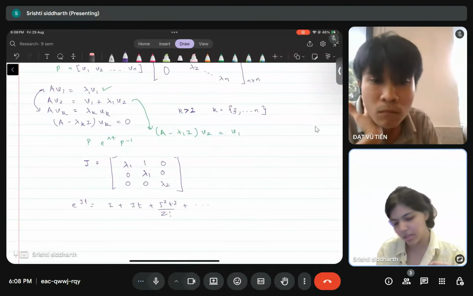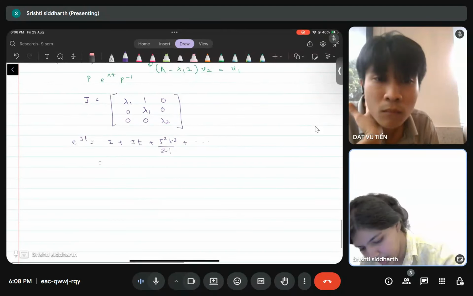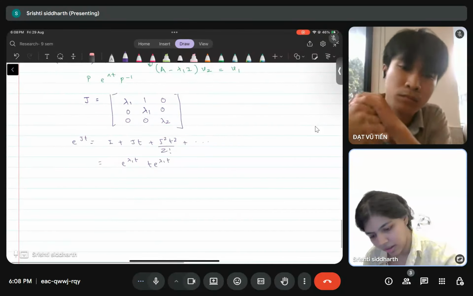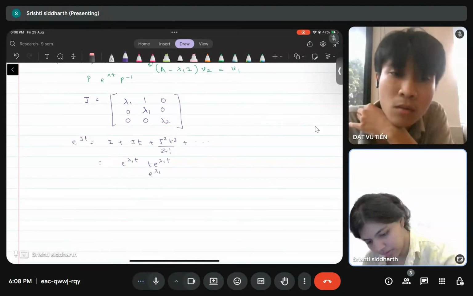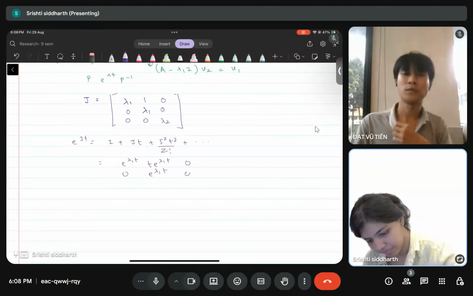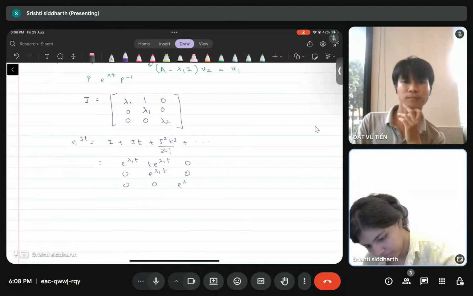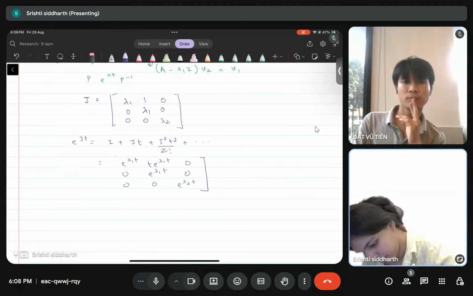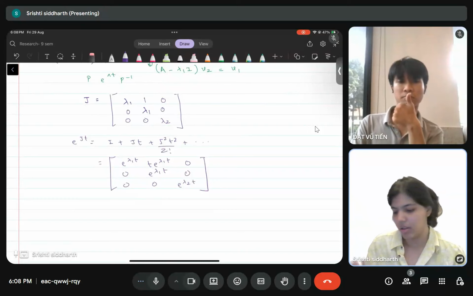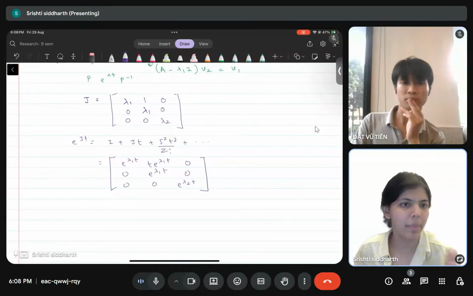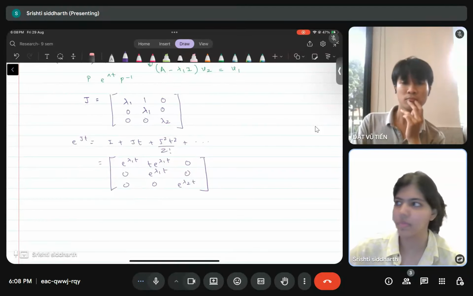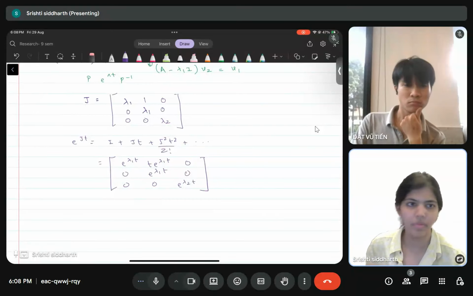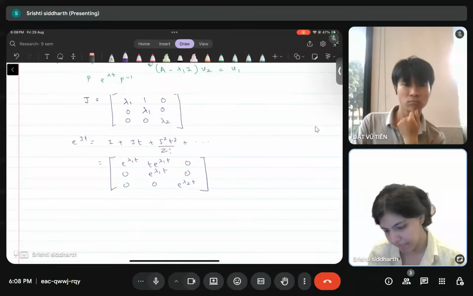So if you club these terms, you'll find that this is given by e to the power lambda 1 t. This is e to the power lambda 1 t, and then we can just multiply by P and P inverse.